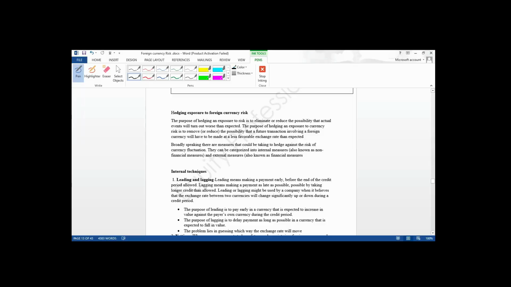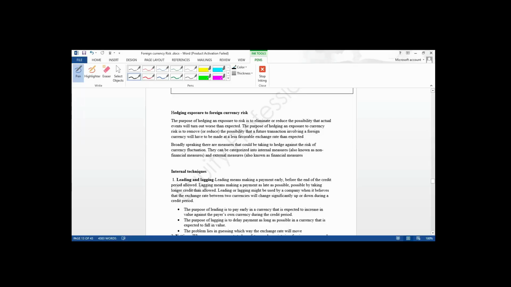Internal measures are measures that can be taken, but do not involve financial, non-financial. One of them is leading and lagging.